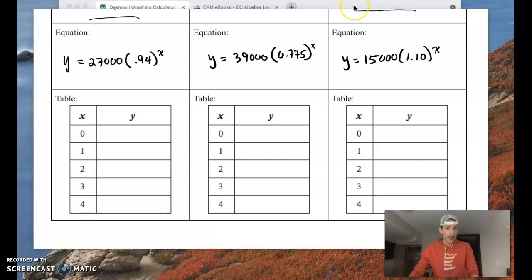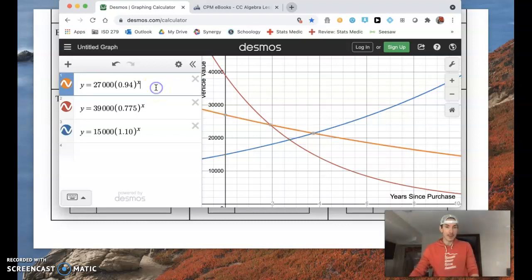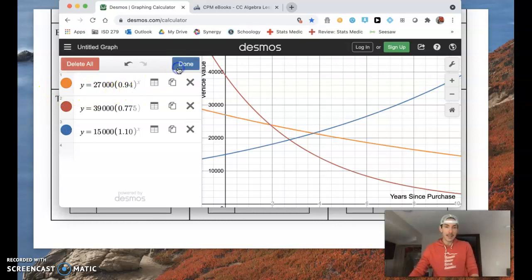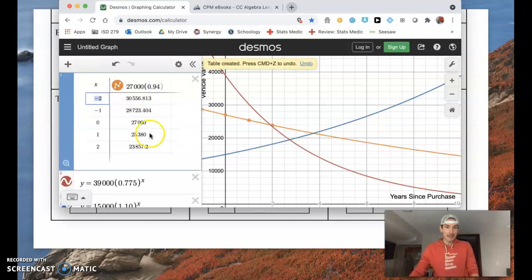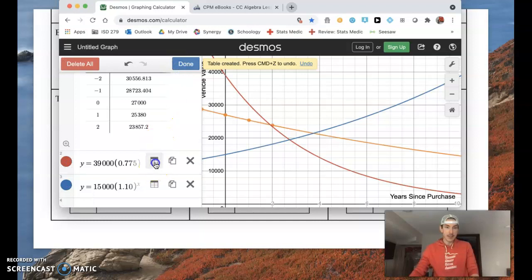So what we're going to do here is maybe learn a new skill on Desmos today. Every Desmos equation that we enter has the ability to convert to a table, right? Check this out. I just click into this window and I click on the settings. And every single one of these now has a very nice table that I can insert.